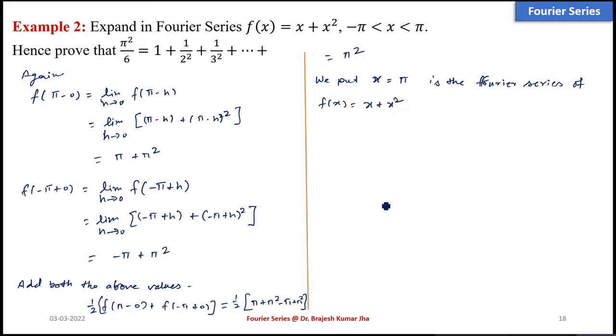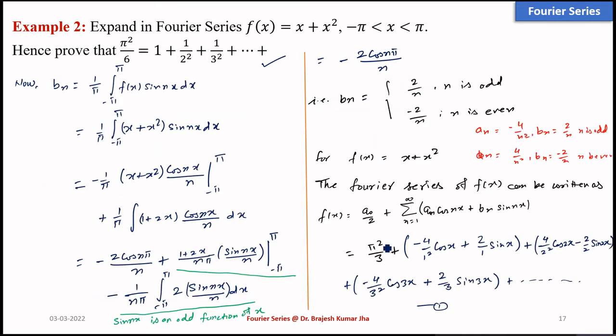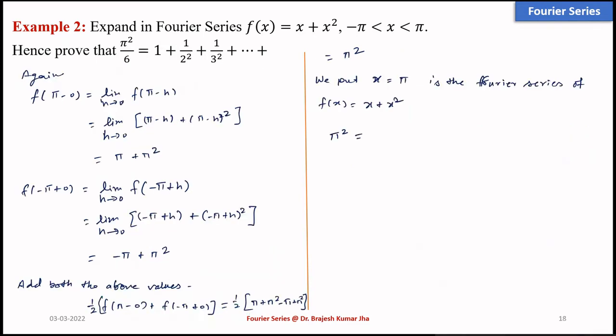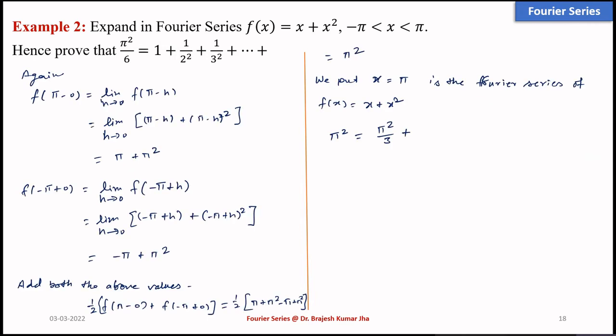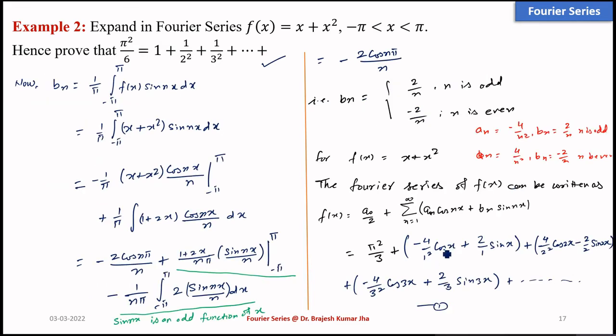By putting this, what we get on the left hand side is pi square, equal to pi square by 3 plus the rest. You must know sin n pi is going to be 0, so we are not worried about the sine term. We are worried about only the cos term. So it is going to be 4 everywhere, so that we can take common.